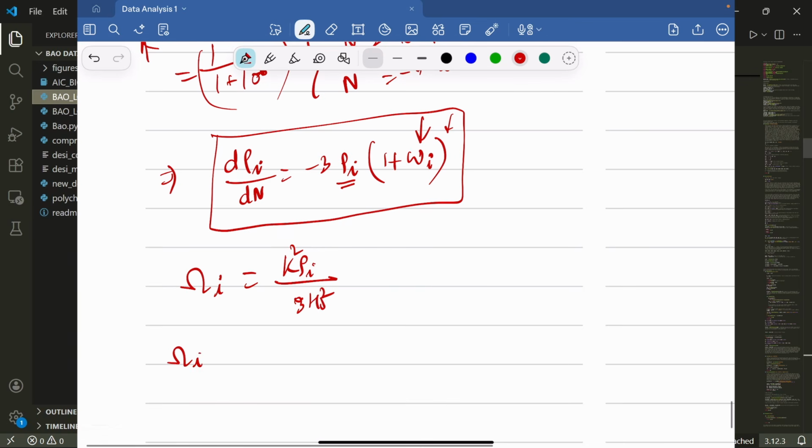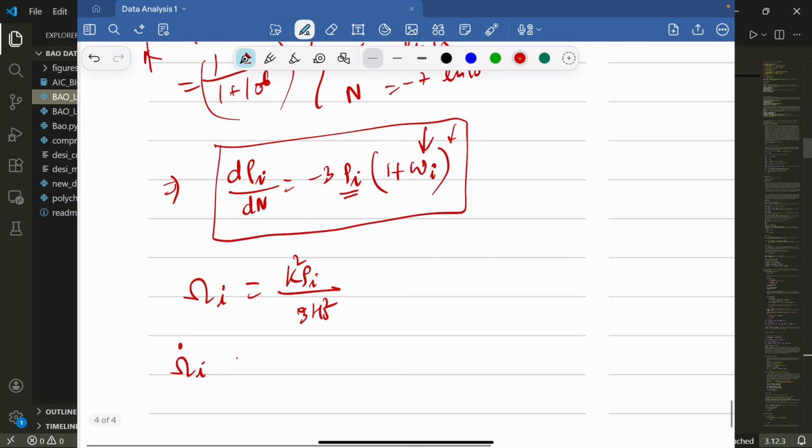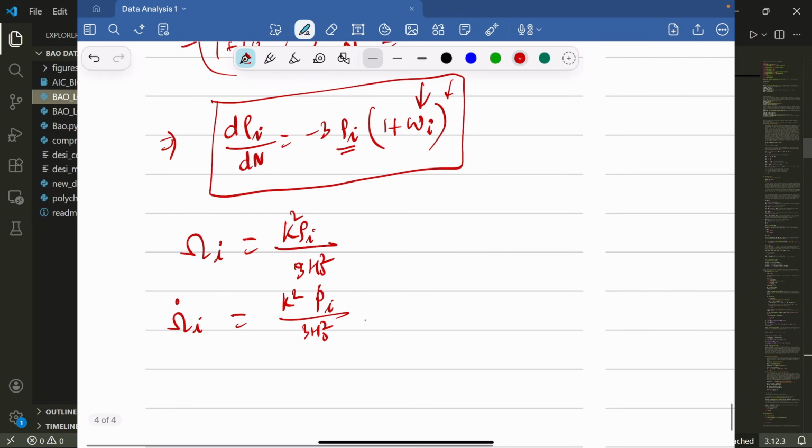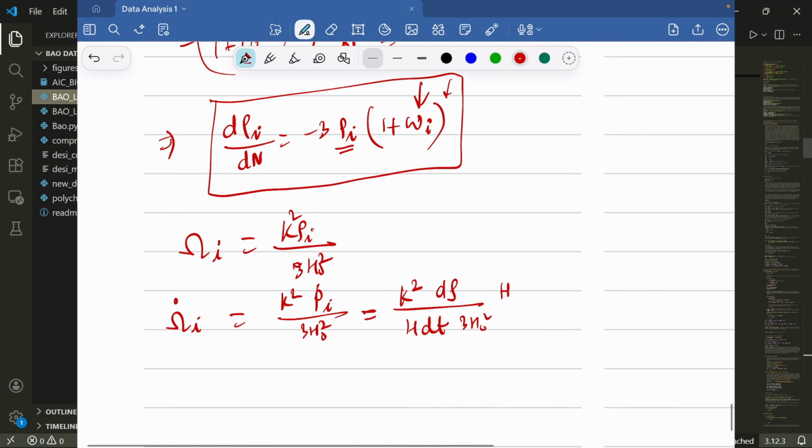I'll take a derivative of this one, first with respect to t, it becomes kappa squared rho_i dot by 3 H_0 squared. Now I write d rho by H dt, and I can write H over here.